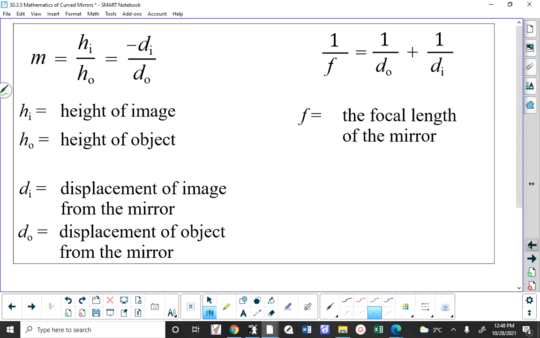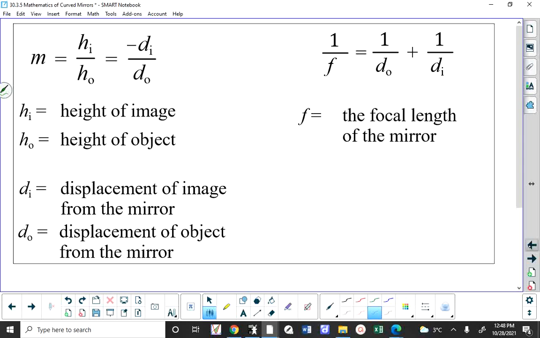And I don't know, if you were to look at your formula sheet, I think it's written this way. I will very often say 1 over F equals 1 over DI plus 1 over DO. That's just what comes out of my brain. But where you put the 1 over DI and 1 over DO in the formula are not important because you're adding the two things. So the order in which you add them is unimportant.